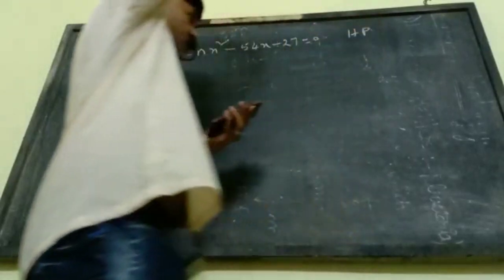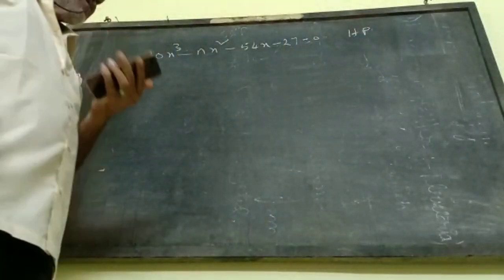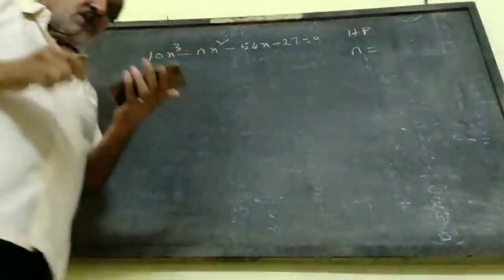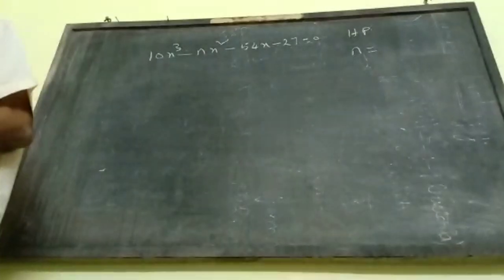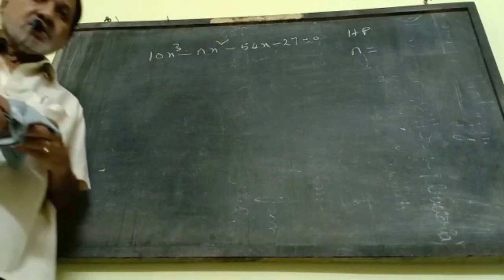The roots of this equation are in harmonic progression. Then find the value of n. What must be the value of n? The roots are in HP. What must be the value of n? That is our next question.